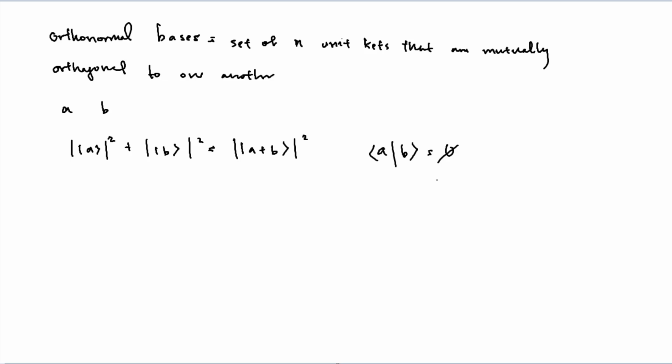Now, let me digress and deviate from what we have really quickly, and let's just define what a unit vector, a unit ket, is. Let's go in terms of generic vectors in this case, so a unit vector of some vector v can be expressed with a little hat on top.